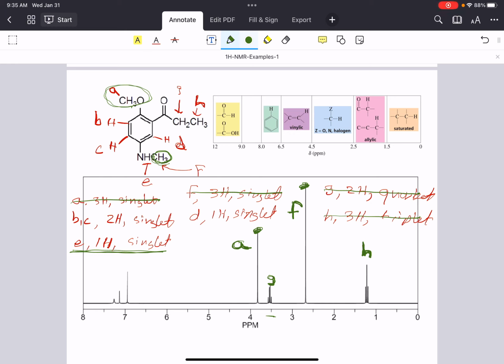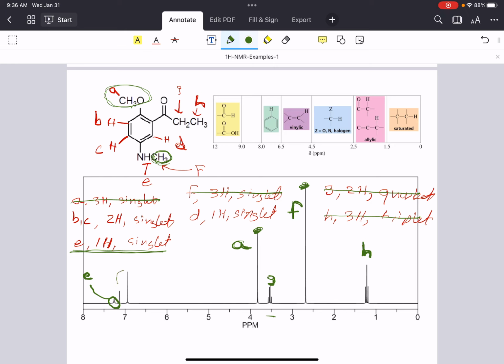I can assign this little peak here that's a little bit broader to E, as the hydrogen directly on the nitrogen. That nitrogen-hydrogen bond can exchange with solvent, so it can pop on and off of the compound. We don't see that signal ever getting split by any other signal, but we also see it broadening. So the fact that that little peak is a little bit broader than the others clues me into this being the signal that corresponds to E.